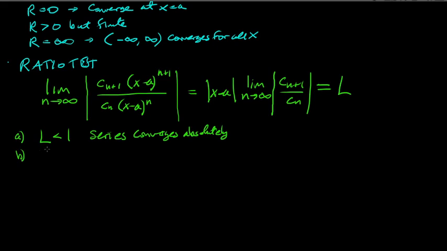It could be that L is bigger than 1, in which case the series diverges. And what happens if L happens to equal 1? Well, unfortunately, we don't know. The test is inconclusive, so the ratio test won't work here.